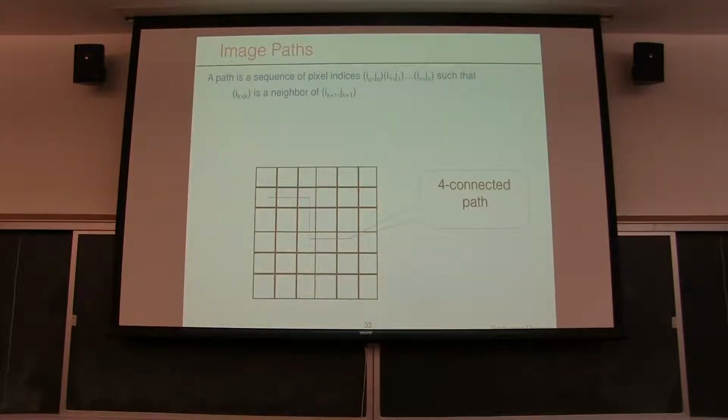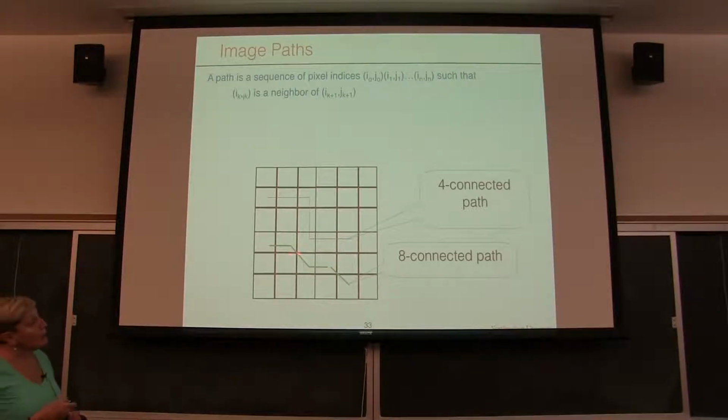But I can also have an 8 connected path if I sometimes, not necessarily always, cross across the corners. So instead of going across a vertical or horizontal, I go through one of the vertices. That means given a location, my next location is one of my 8 neighbors, and we call that an 8 connected path.